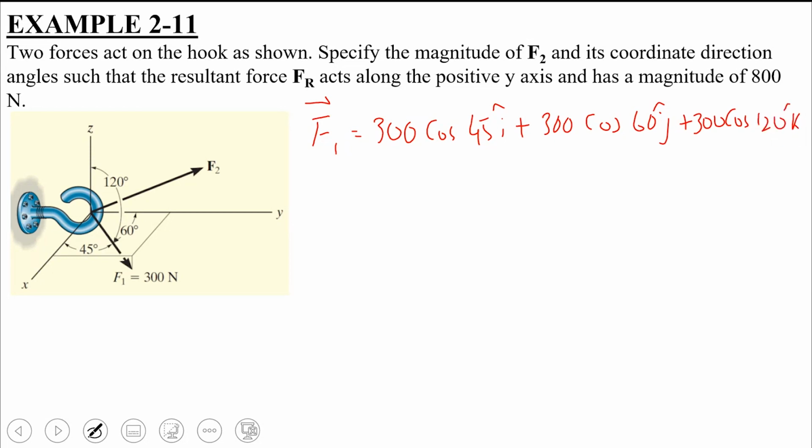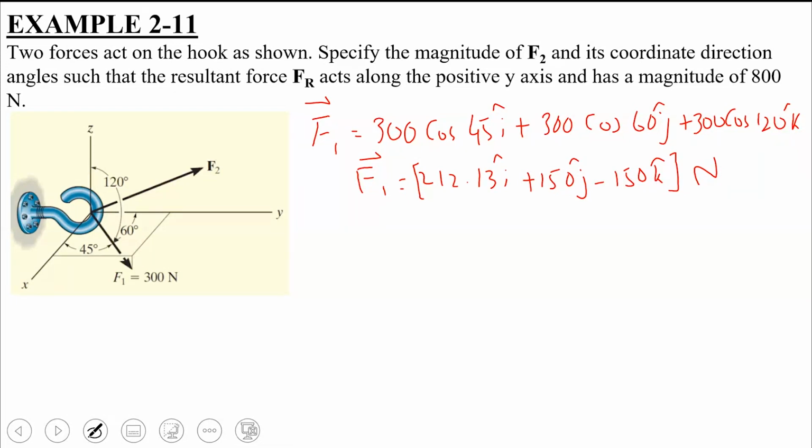So this is going to be the Cartesian vector notation of F1. So once we put the values of these angles, F1 vector comes out to be 212.13i plus 150j minus 150k, and the units are going to be Newton. तो ये आपके पास force F1 आ गई है in terms of its Cartesian vector notation.